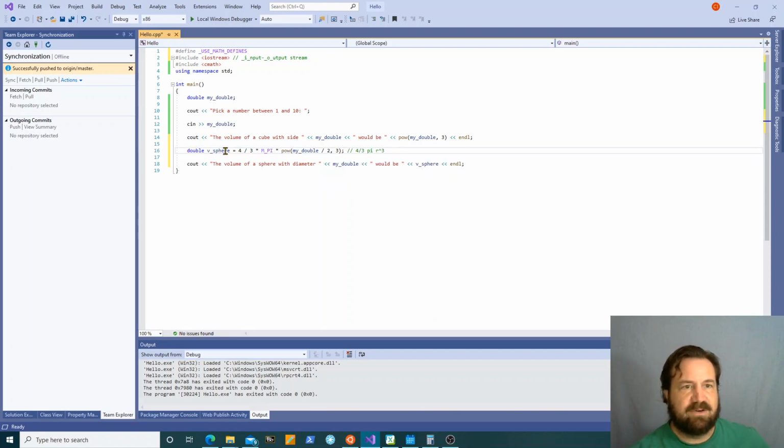You can see how this assigns it to V sphere, and then I can use V sphere down here in a cout statement.